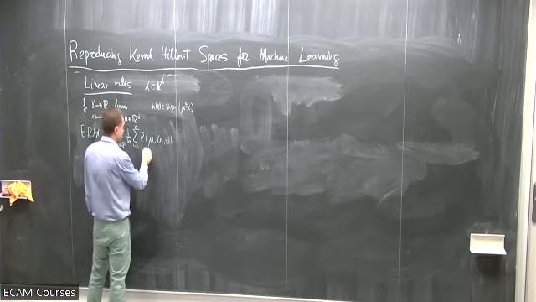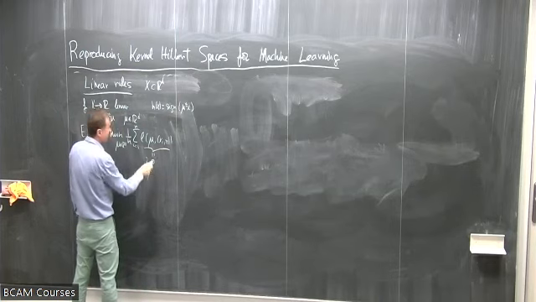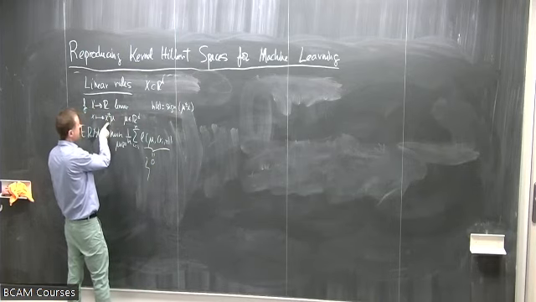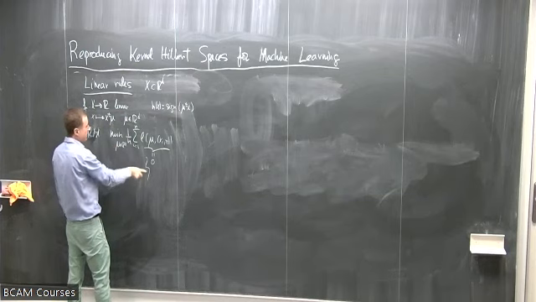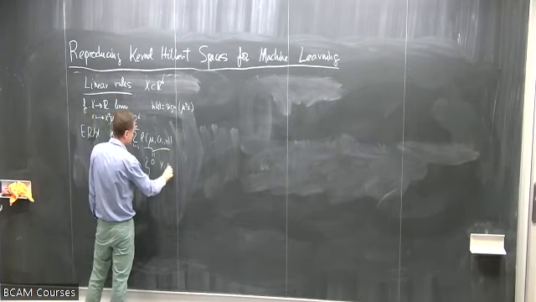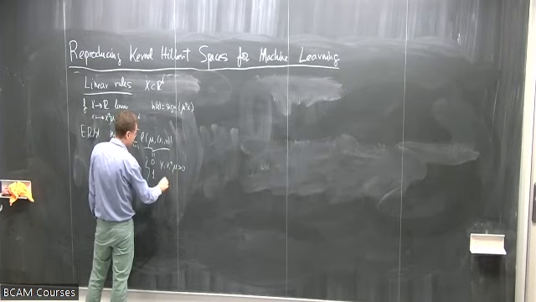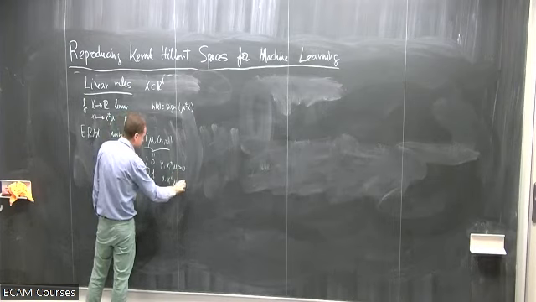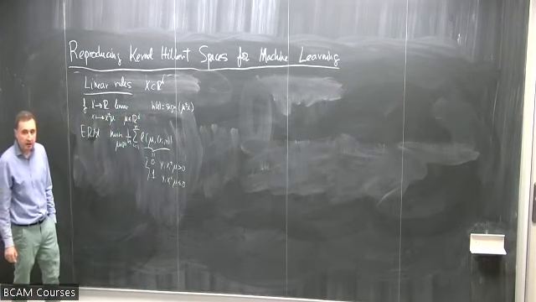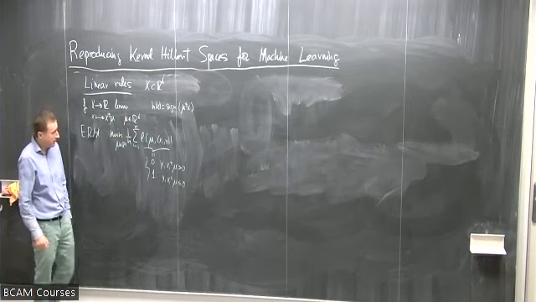Let's write the expression of this. In this case, it's the same thing as before, substituting f by this quantity. So the loss is 0 if xi transpose mu is positive, and the loss will be 1 if that quantity is negative, just using the definition, the same thing as before.